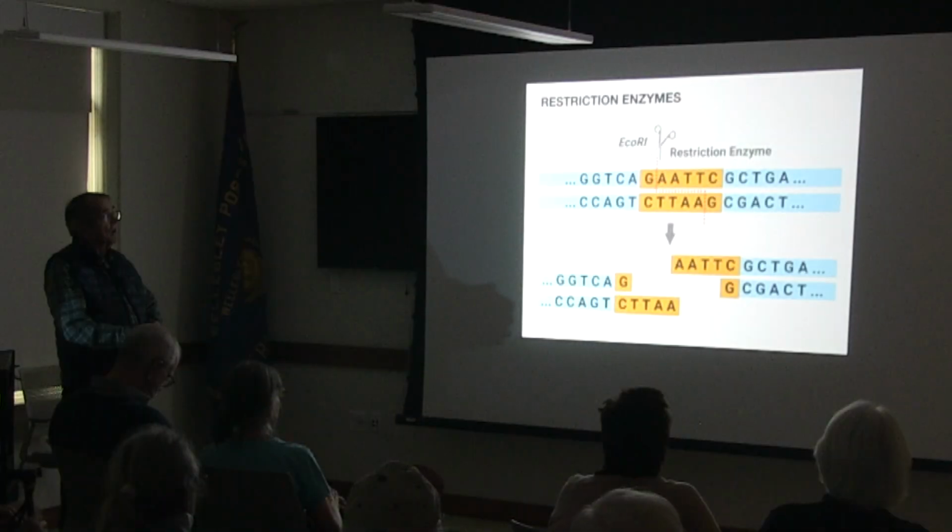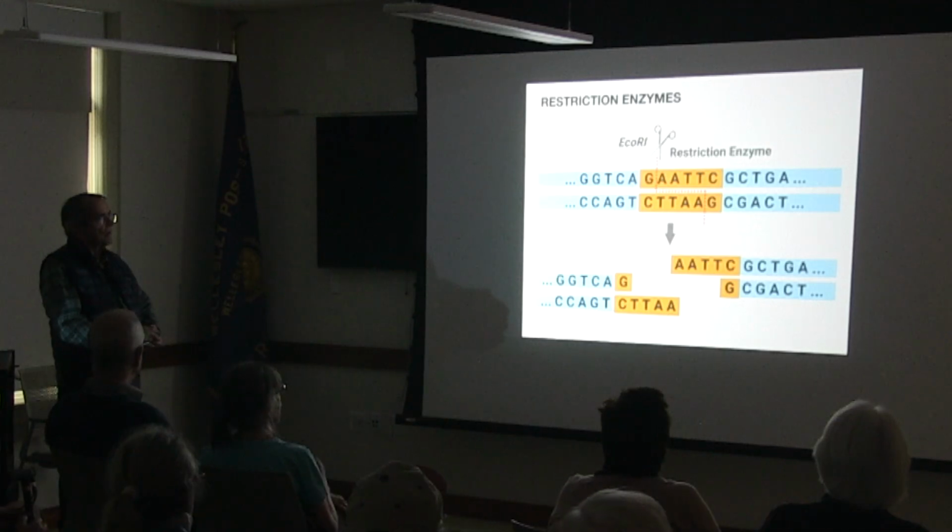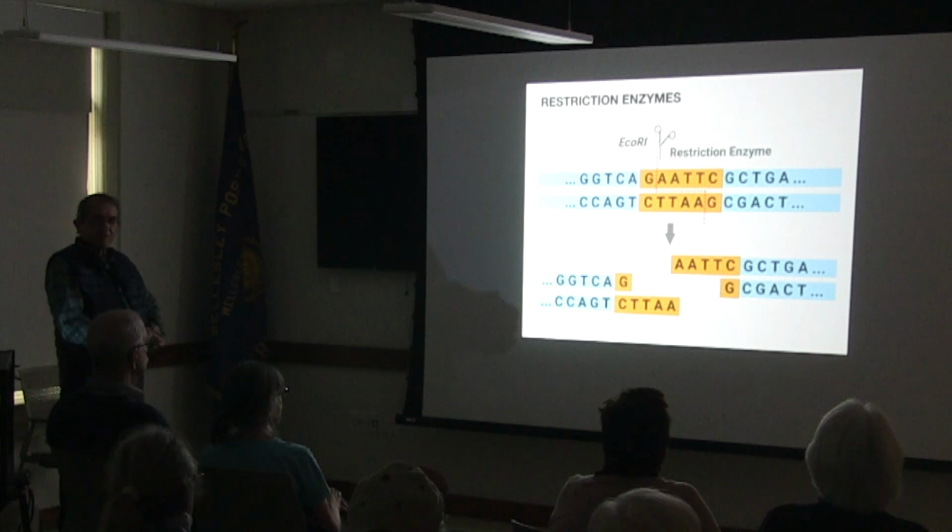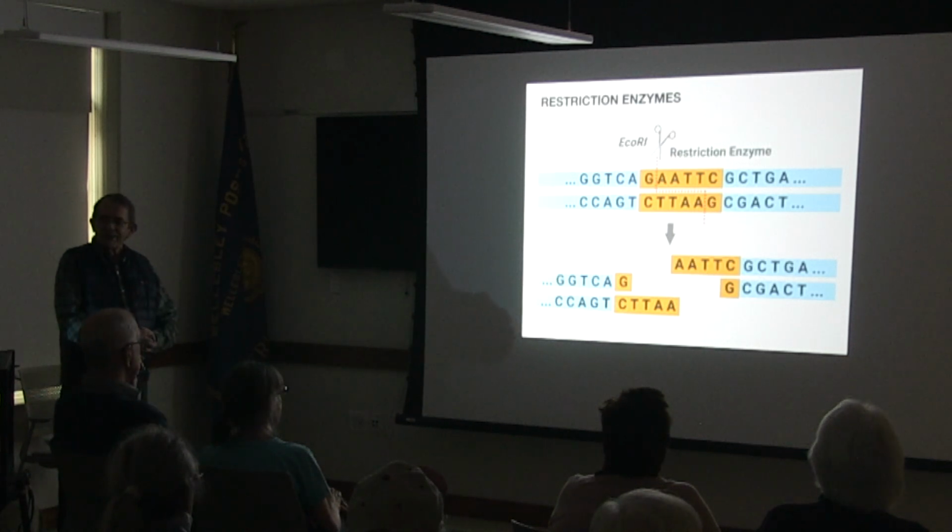So, the other thing to notice, weirdly, and I've never heard anybody explain this, there are a bunch of different restriction enzymes. They all, almost all of them, recognize sequences that are palindromes. They say the same thing forward and backward. Okay?